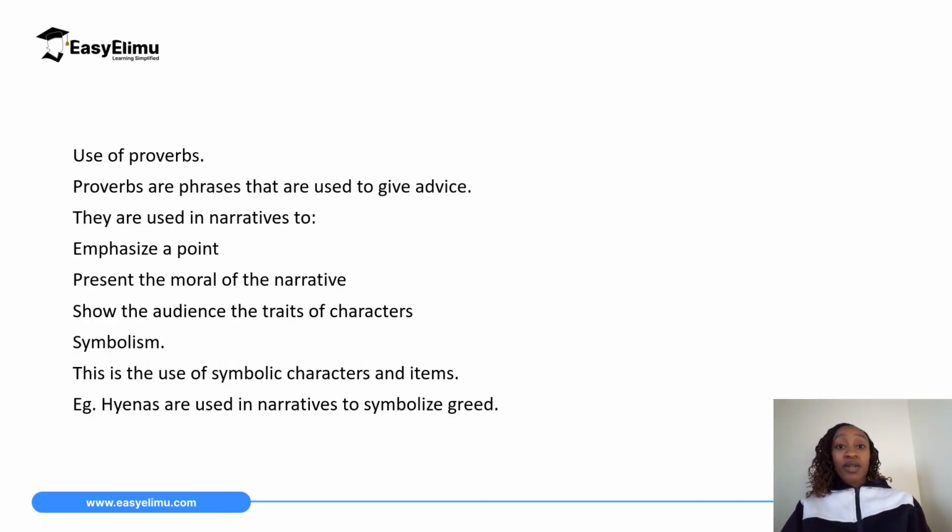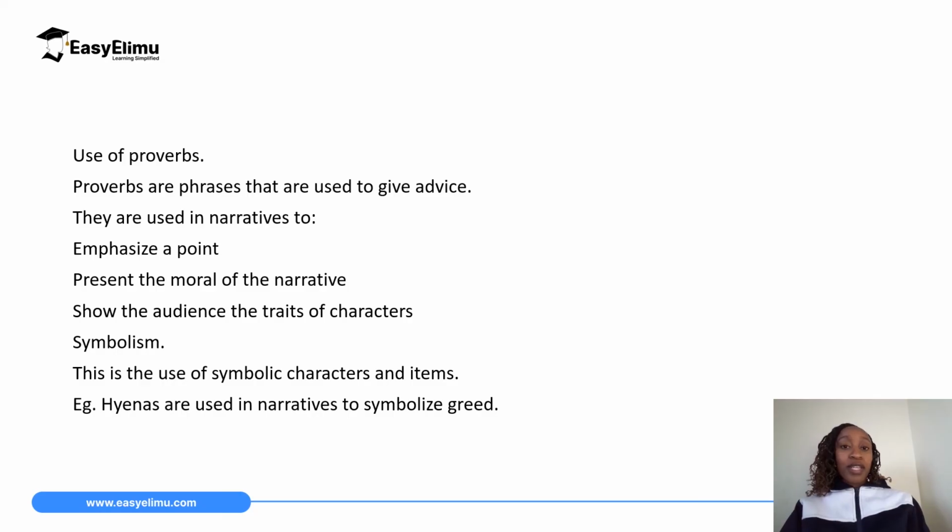Narrators can also use proverbs to emphasize their point or to pass the moral of the narrative, the moral of the story. And symbolism is also another stylistic device that is used in narratives. And this is using symbolic characters and items.